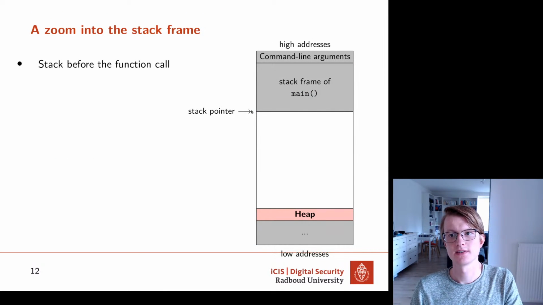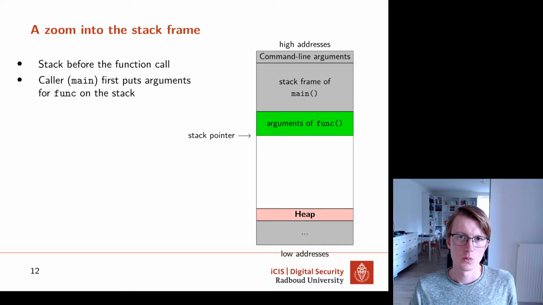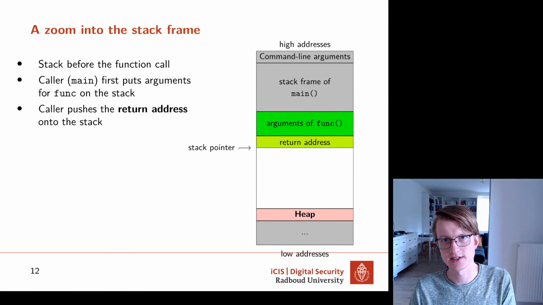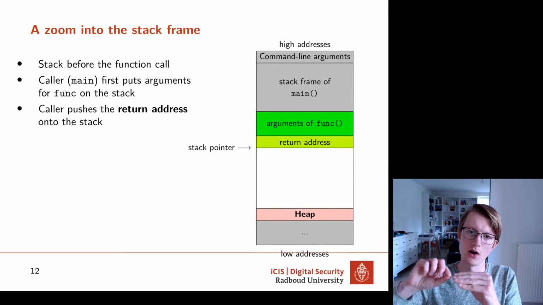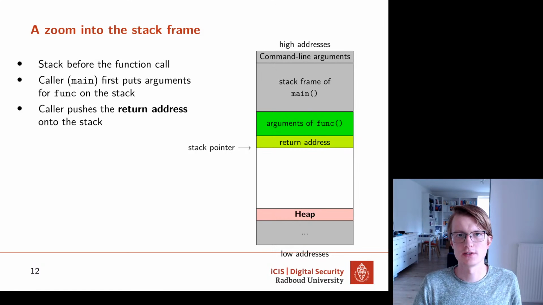Zooming into this stack frame, we can see the stack here before we call func. What will happen is that the caller will first put the arguments for func on the stack, and then put the return address there. And the return address is the place in the memory where the code is, of the place where you were before you started jumping towards this function.